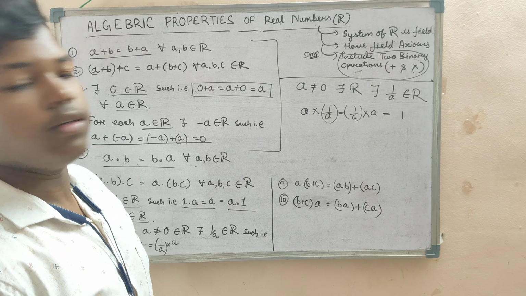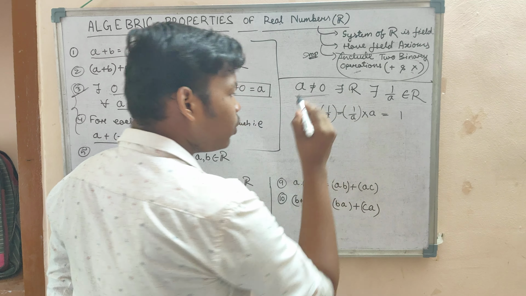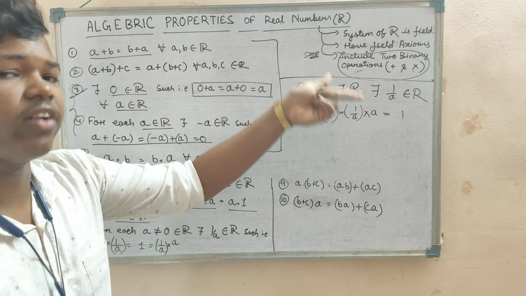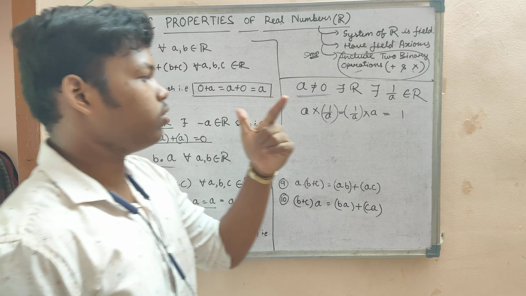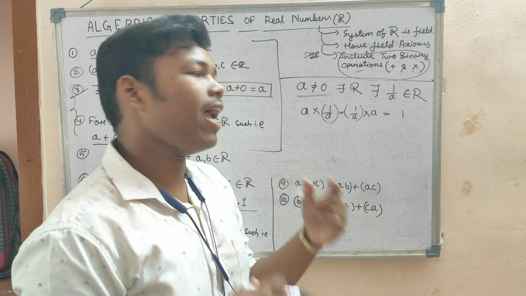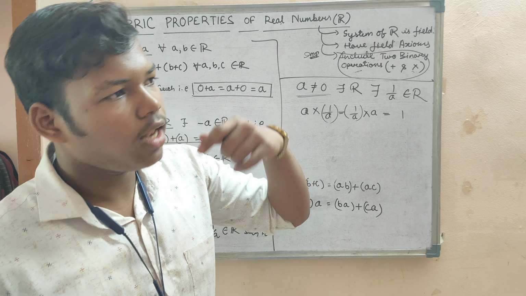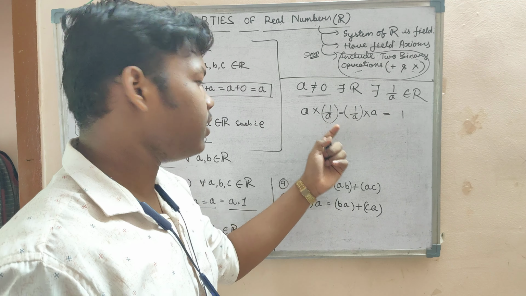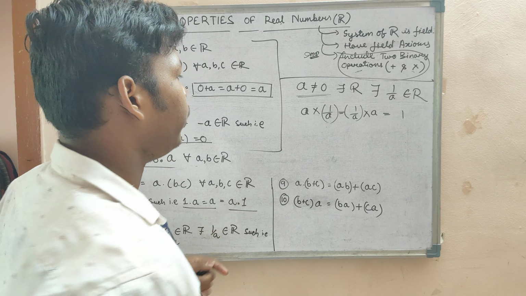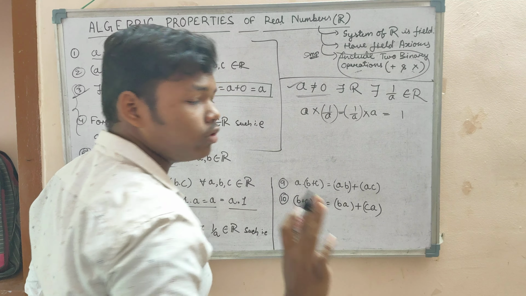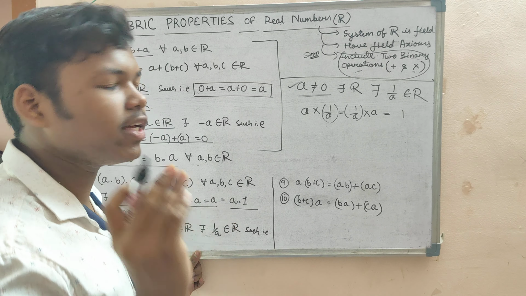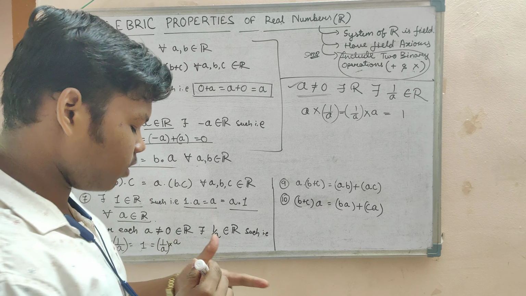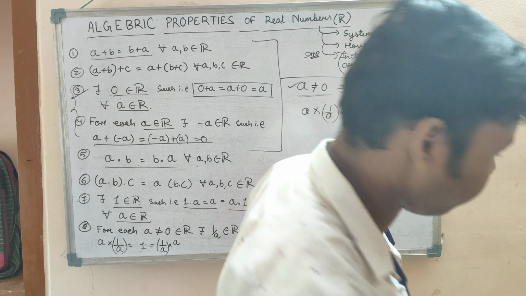This might be confusing, but it is simple actually. It says if a is not equal to 0 and a belongs to R, then 1 by a also exists in R. Why is the condition a not equal to 0 there? If a equals 0, then 1 by a is infinite, and there is no such term because infinity is a hypothetical term. Infinite is a larger number, but it has no value. So 1 by 0 is undefined, so we take a not equal to 0. Any other number will satisfy. This is all about the 8th property.